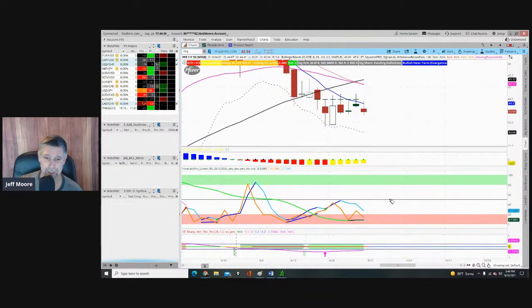Major. So you see this divergence on this blue. The blue line is the short-term momentum. So when this line's going up and price is going down, it's a bullish divergence. I know y'all know what that is. But this line is automatically drawn. This represents the major resistance. And look at price.